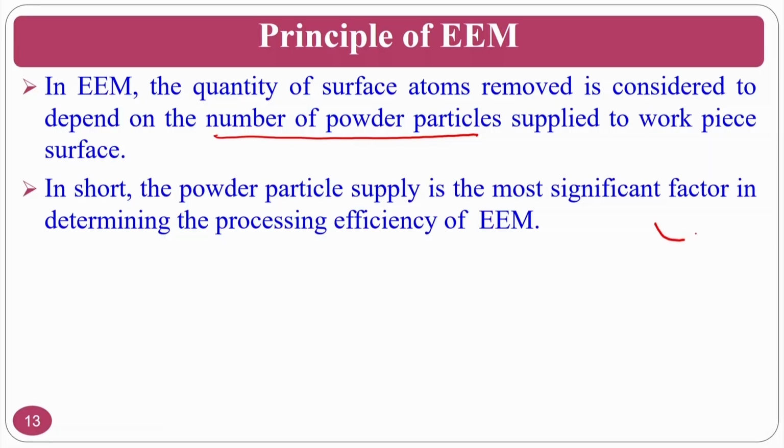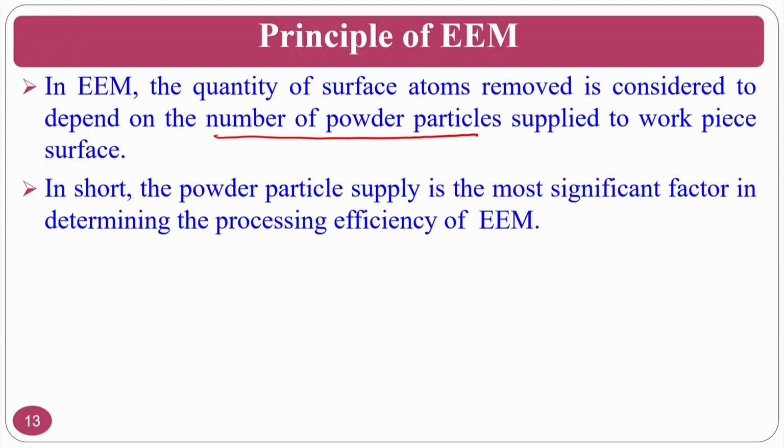That means the abrasive particle will form OH bonding with the OH bonding of your workpiece surface. So this will go as H2O, and the remaining oxygen will bind to the atom of the surface and it will remove. Okay. So if you are sending the maximum number of abrasives, then what will happen?